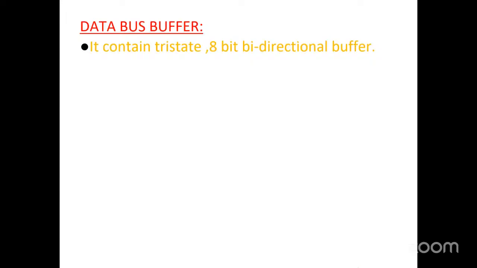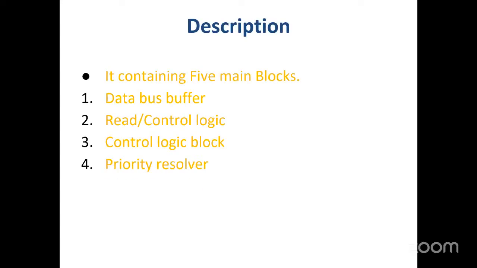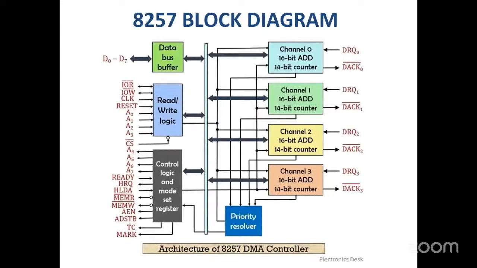The data bus buffer contains an 8-bit bidirectional bus, that is D0 to D7. You can remember this structure now. The data bus buffer is D0 to D7, and the read write logic has IO read, IO write, and A0, A1, A2, A3, chip select.